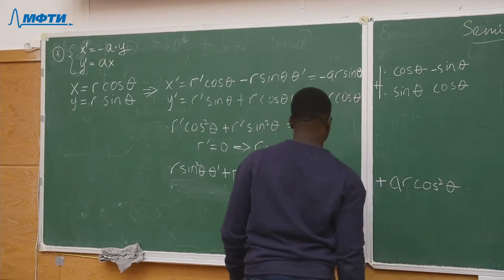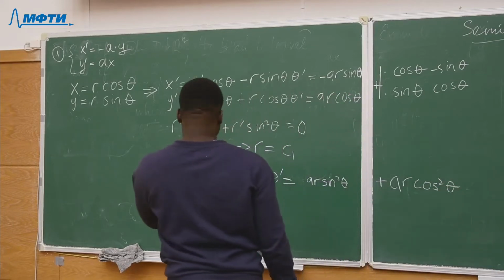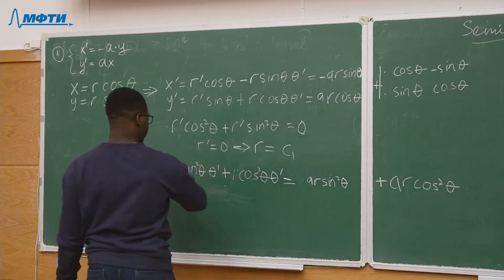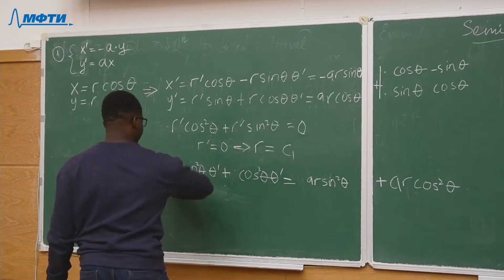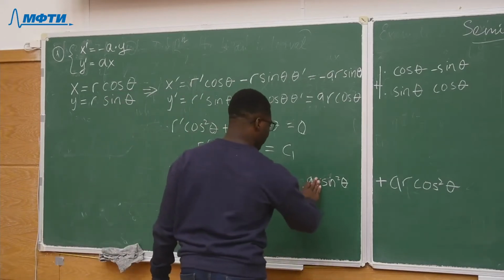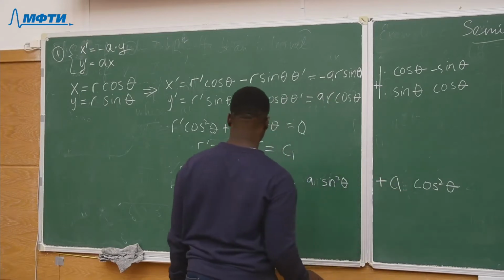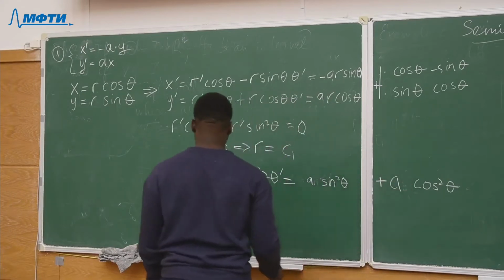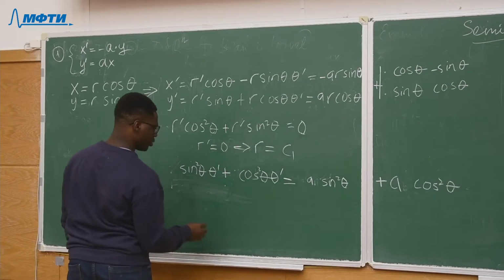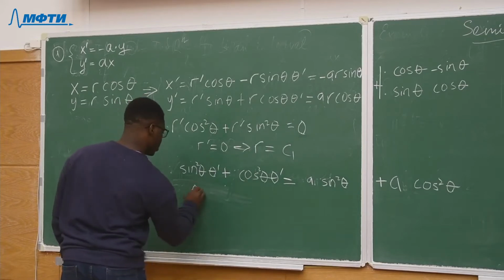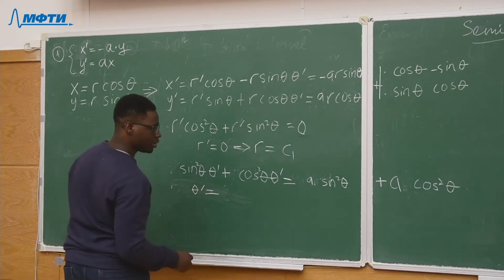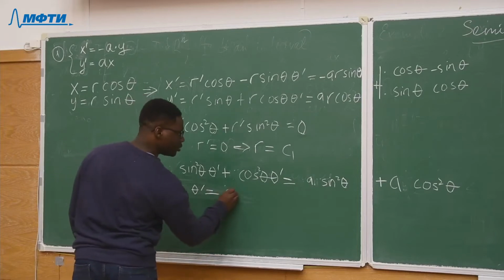Right. So this is correct. We can divide by r. I'll just erase it. We can divide by r. Okay. Equals a.